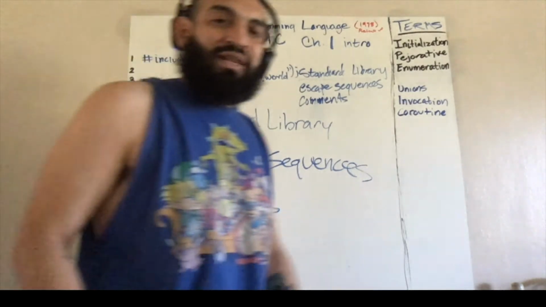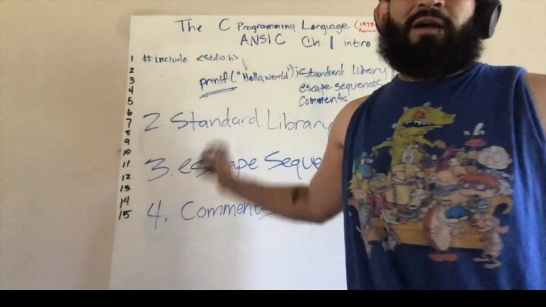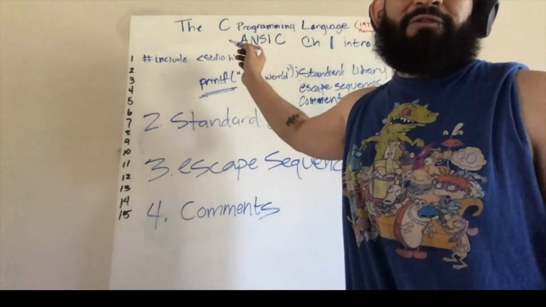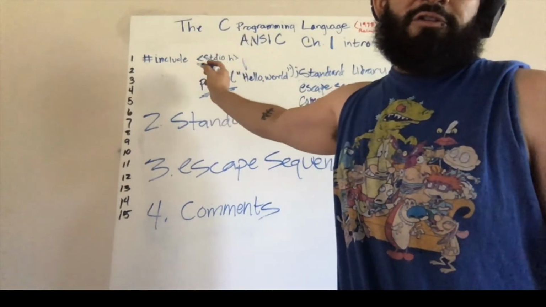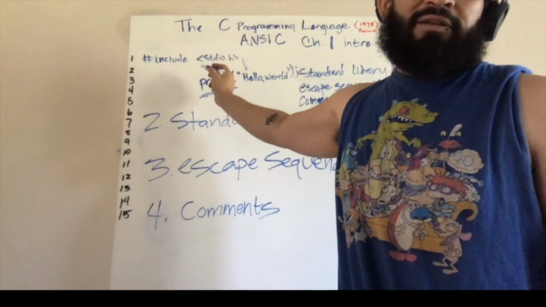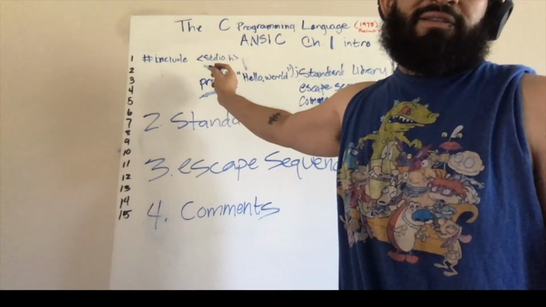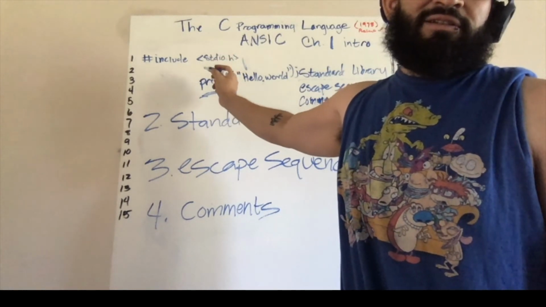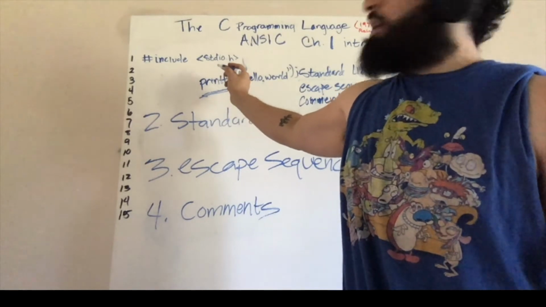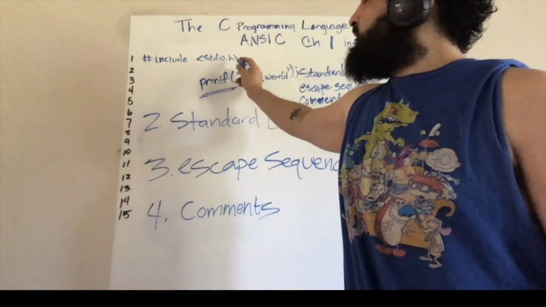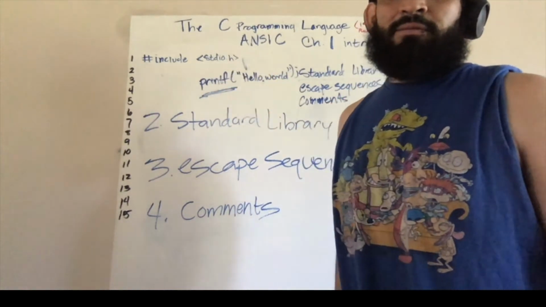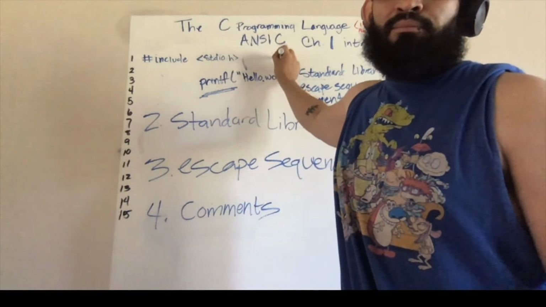Printf is an example of what's found inside the standard library that we reference by using octothorpe include, less than stdio.h greater than. Boom.